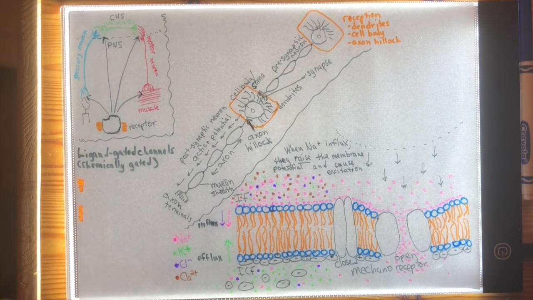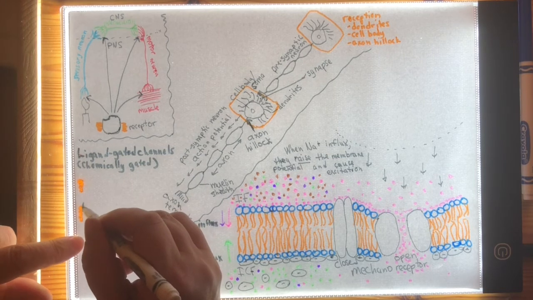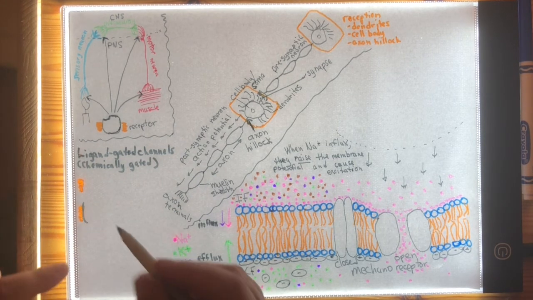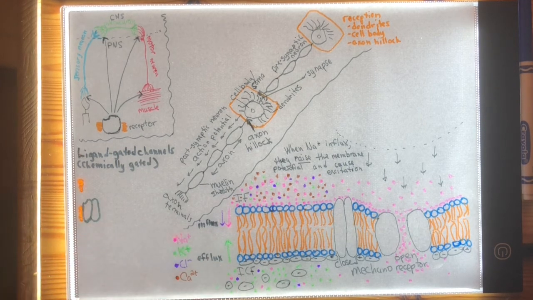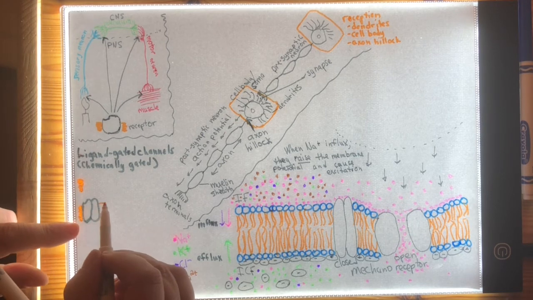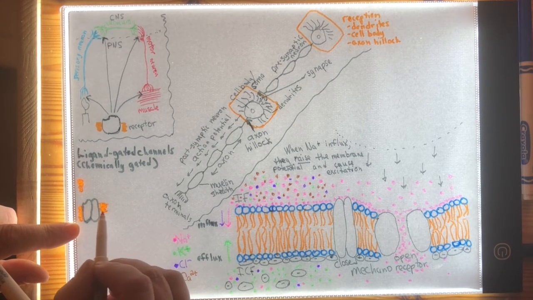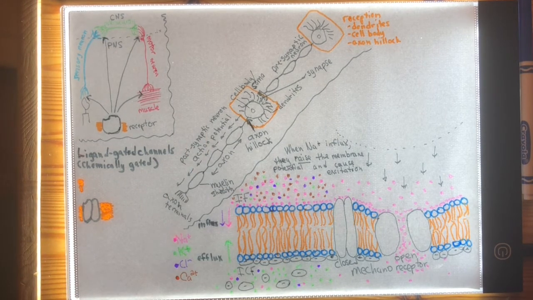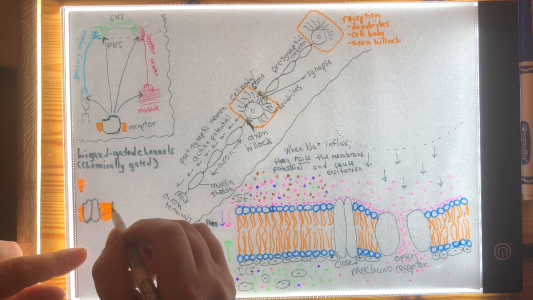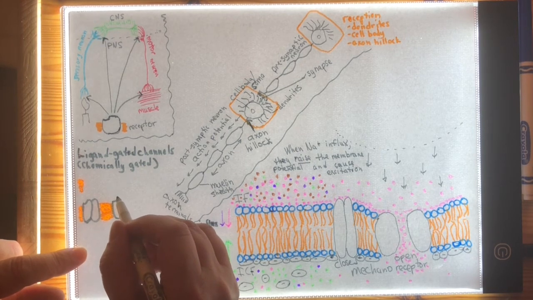So when a neurotransmitter binds to one of these binding sites, it causes the channel to pop open and ions to flux one way or the other, either an efflux or an influx, depending, of course, on where the concentration gradient is higher or lower. It's important to note at the start that the ligand, the neurotransmitter, will be binding to the outside of the cell.